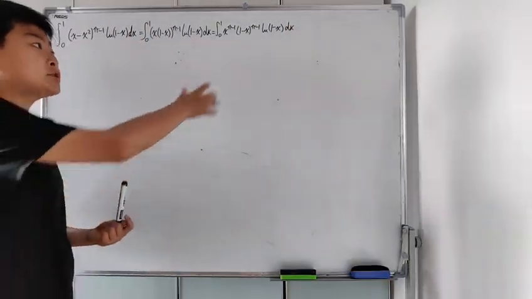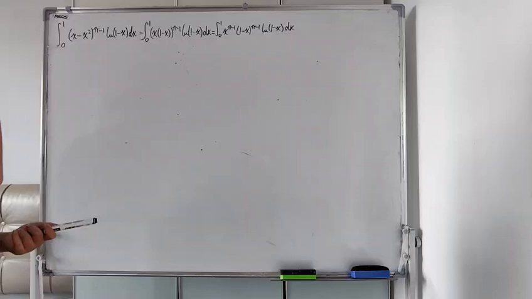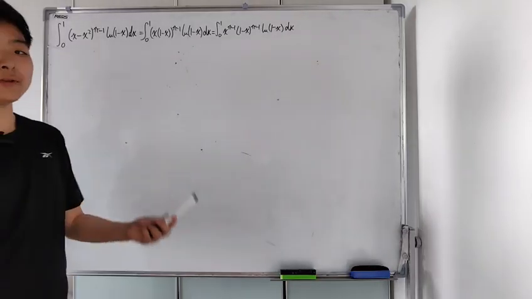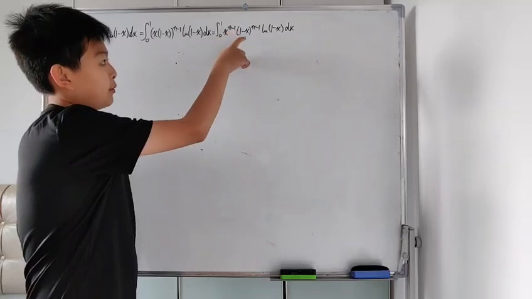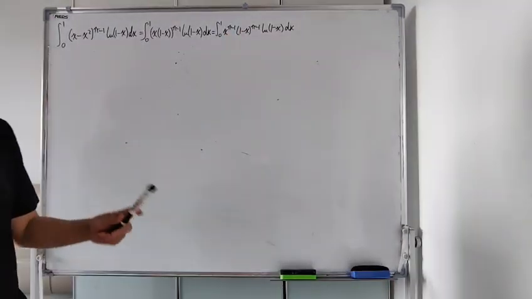Now, if you just look at this, or if you take my clue from before, you might know that we want to make use of the beta function. And if you find x to some power, 1 minus x to some power, it should remind you of it.